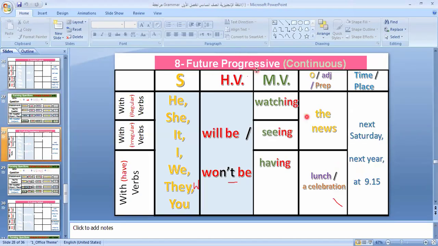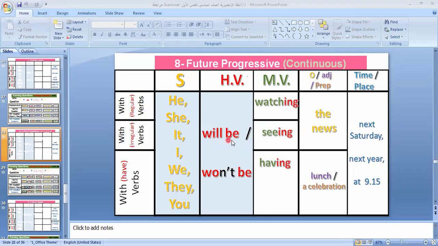Here is the future progressive or future continuous. Here we say he, she, it, you, we, they, and we use will be plus the verb. We use be here to conjugate the verb or change the verb. So when we want to change the verb here, I put be.